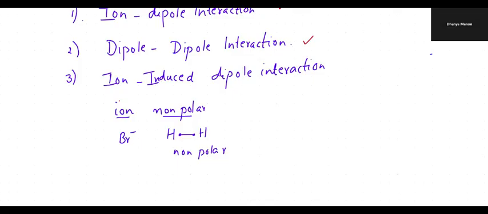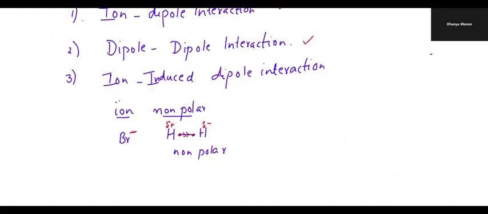Now you can see here, there is a negative charge, right? Because of this negative charge, or under the influence of this negative charge, this hydrogen gets polarized. This side might develop a positive charge, and this hydrogen may develop a negative charge.